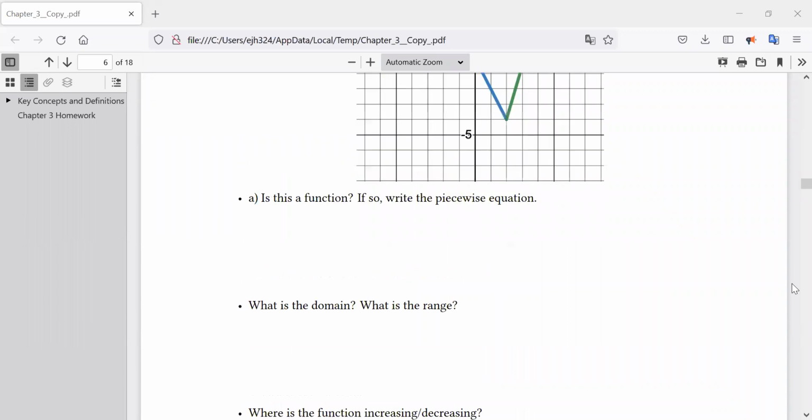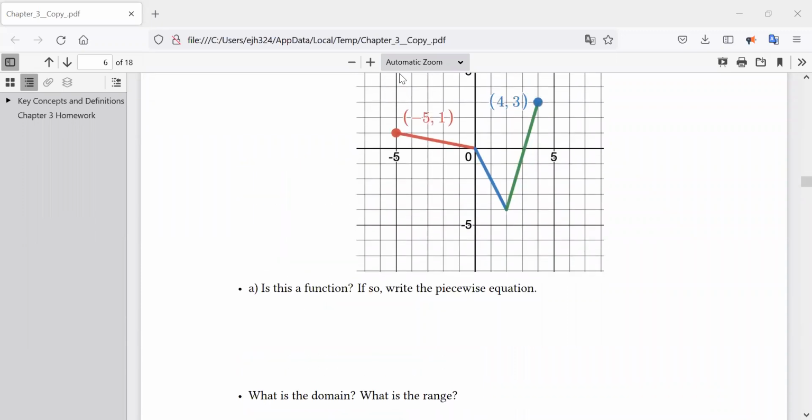Where is this function increasing and where is it decreasing? Would it be decreasing from -5 to 0 and from 0 to 2, and increasing from 2 to 4?